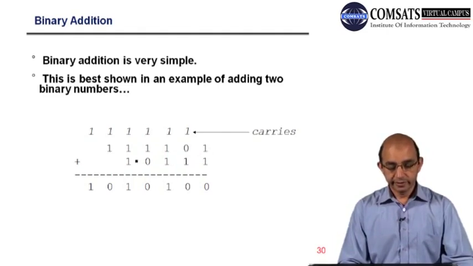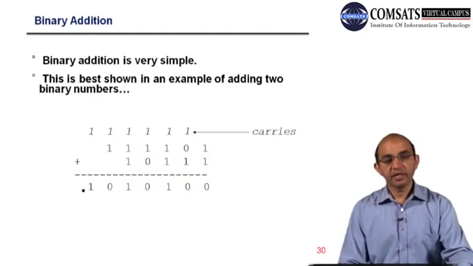Here you can see 1 plus 1 is 10, and 1 is the carry, and the carry will move here. 1 plus 1, carry move here. So this is the binary addition.